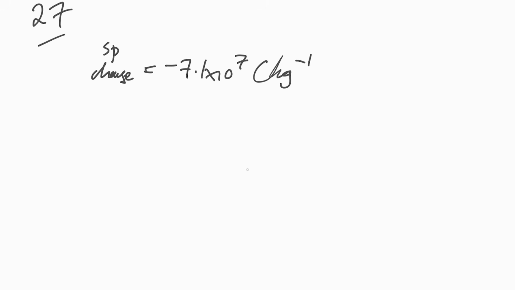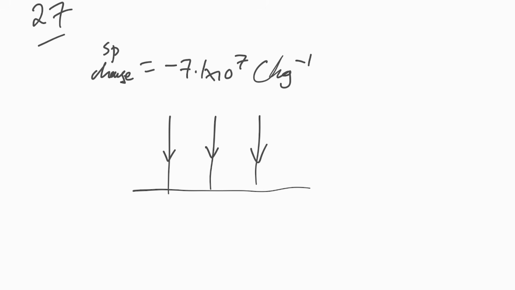So if it's a negative charge, which it is, then the field lines have to be going downwards, because field lines show the direction of force on a positive charge. So therefore, we need the force to be going upwards. What about the magnitude of it? Well, we know that the force due to the electric field has to be equal to mg.